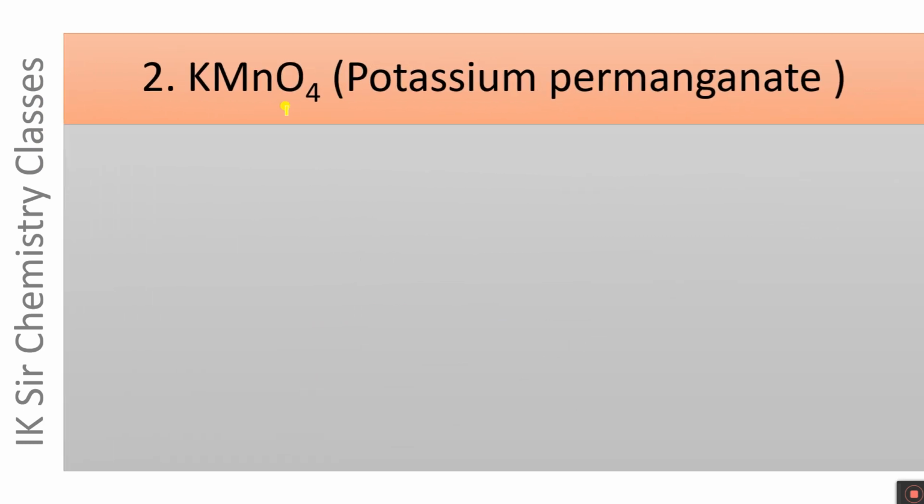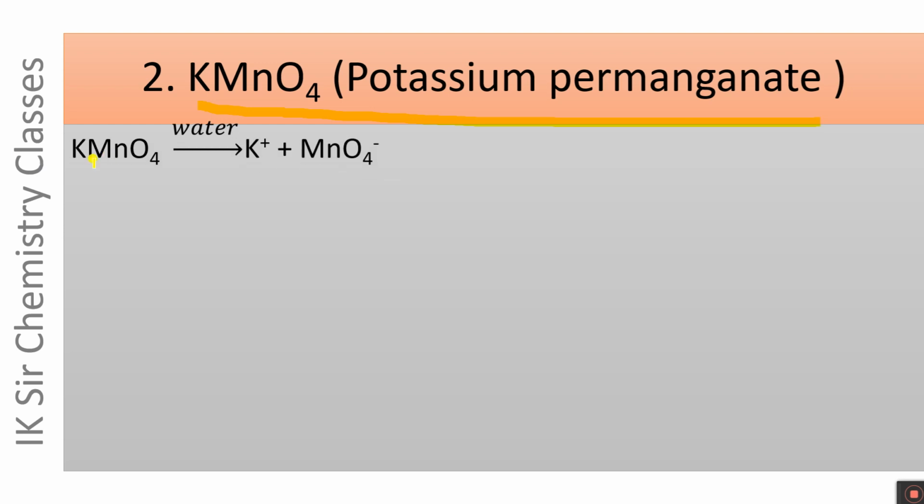Let us see now KMnO4, that is potassium permanganate. It is an oxidizing agent. When it is dissolved in water, one molecule of KMnO4 furnishes one MnO4- ion, that is permanganate ion.